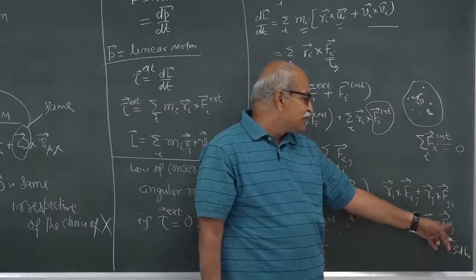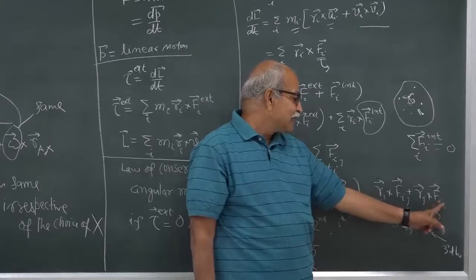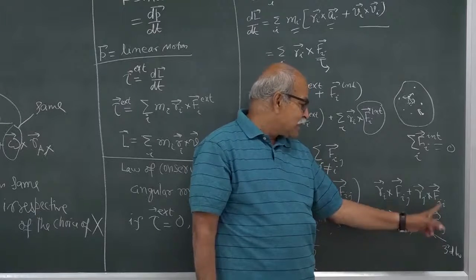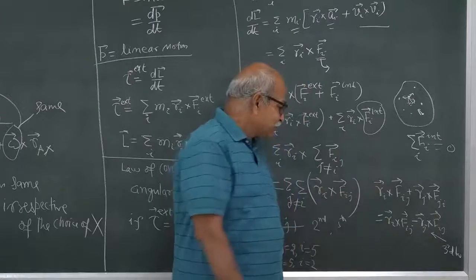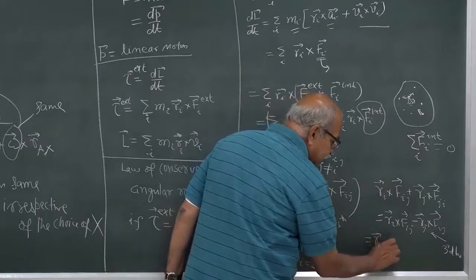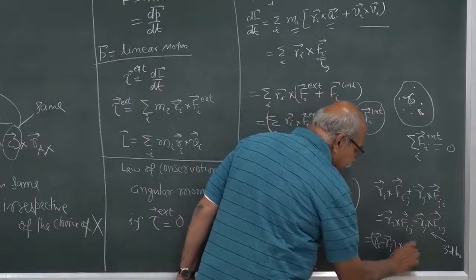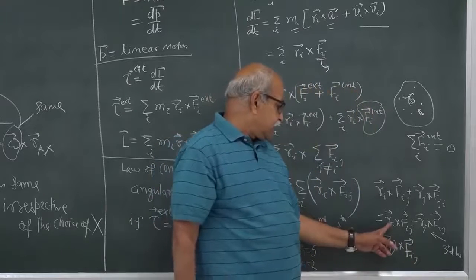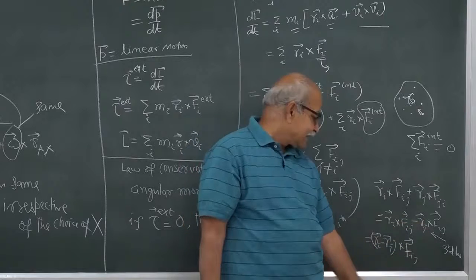The force by the ith particle on the jth particle has the same magnitude as the force by the jth particle on the ith particle, but with a negative sign, opposite in direction. So, that is Newton's third law I have used. Now, this is equal to (Ri minus Rj) cross Fij, with Fij taken common.